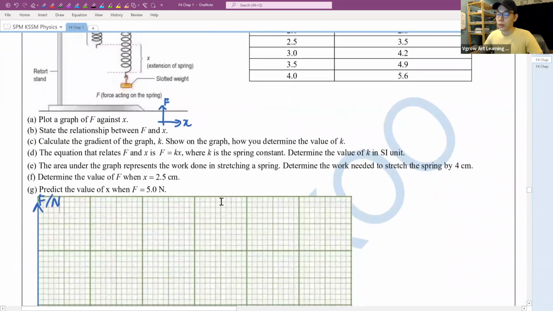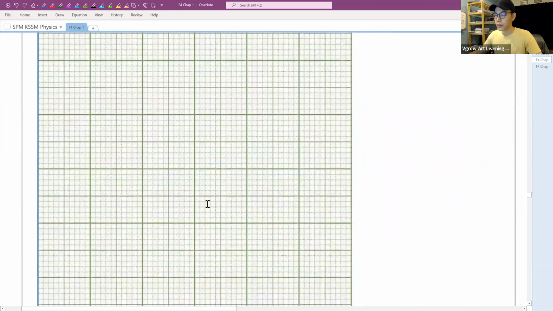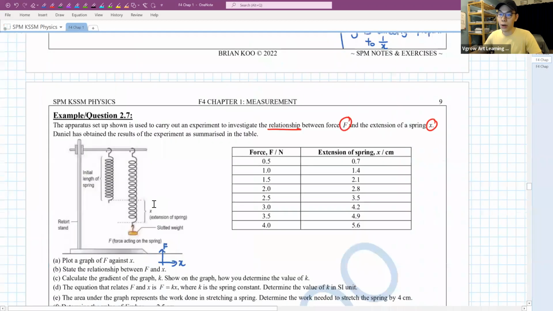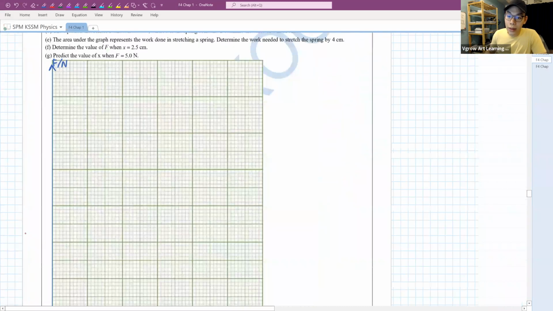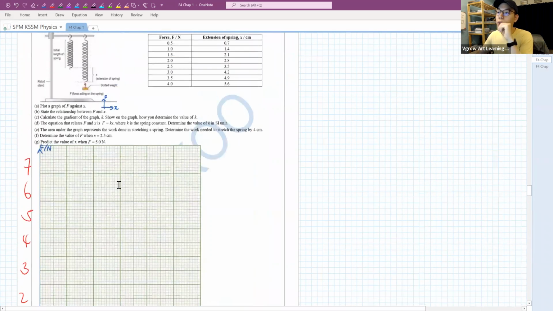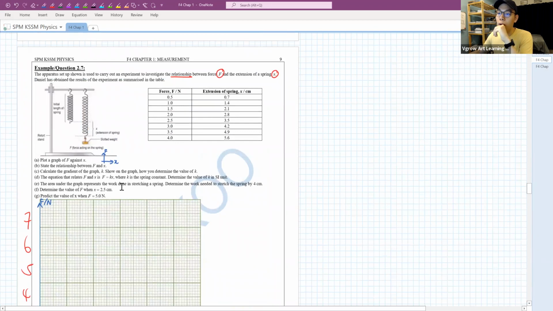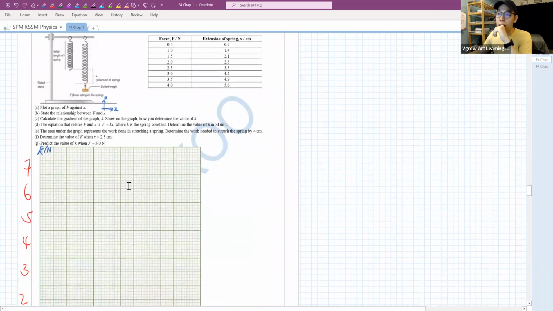Okay, so what I'm going to do is on the F there, we see we got how many big boxes? We got 1, 2, 3, 4, 5, 6, 7, 7 big boxes in total. Okay. But we need to draw until 4.